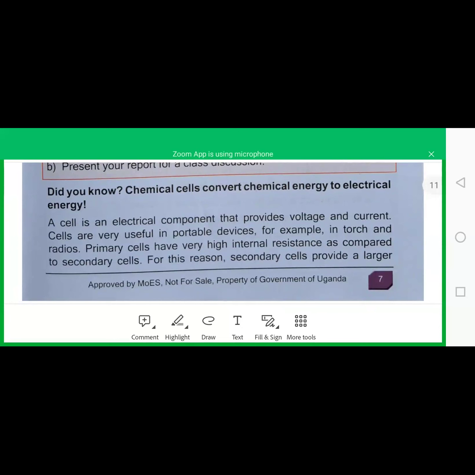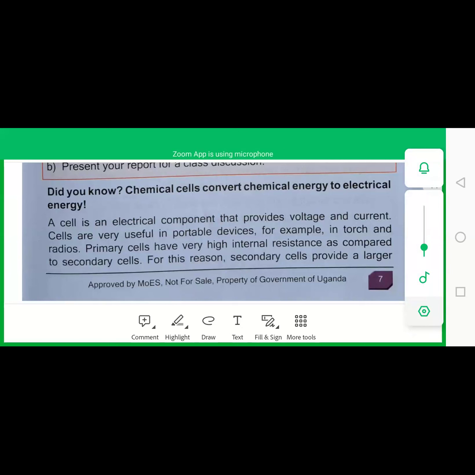Can someone read for us that? Queen Esther: Did you know chemical cells convert chemical energy to electrical energy? A cell is an electrical component that provides voltage and current.